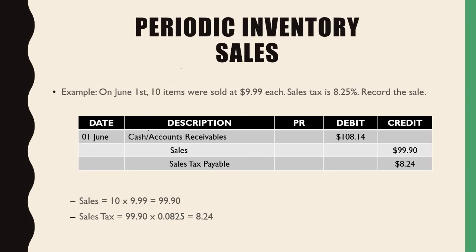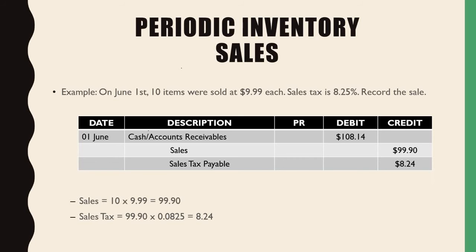We must calculate it in our books that we have a separation between the money that we actually sold and the money that we're collecting for sales tax. So in our books, that's how we see it. A portion of the money goes to sales and a portion of the money goes to sales tax.